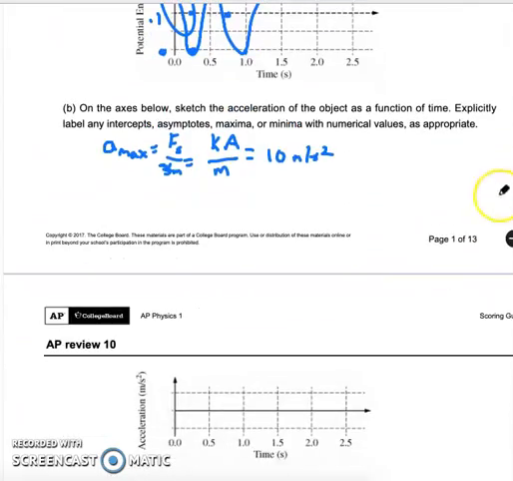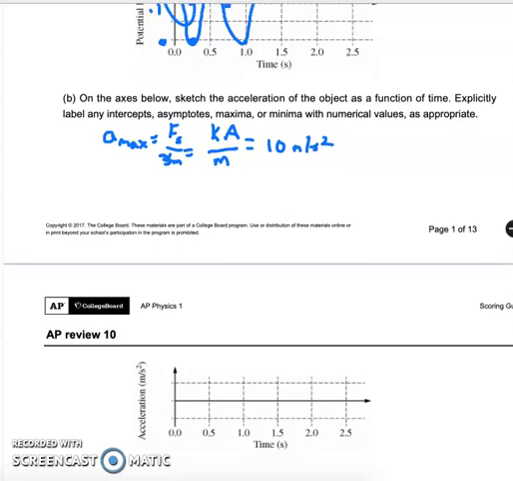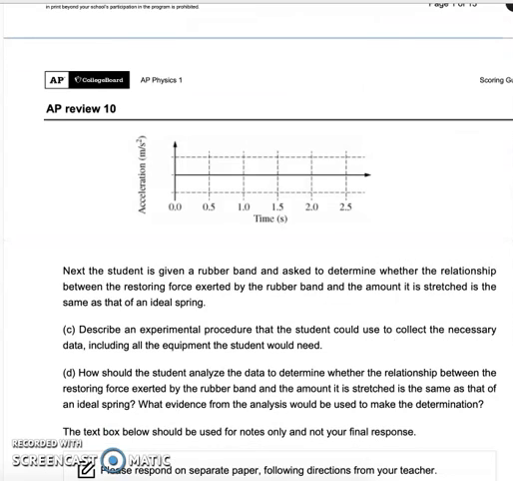So if we scroll down, okay, so our initial I said was positive. Let's just call that 10, negative 10. We said we go to 0 about halfway, and then we're at the extreme negative there. So you can kind of fill it in and just make sure your extremes occur every half second. Okay, so that looks like a positive cosine curve. We didn't have to work that out beforehand.